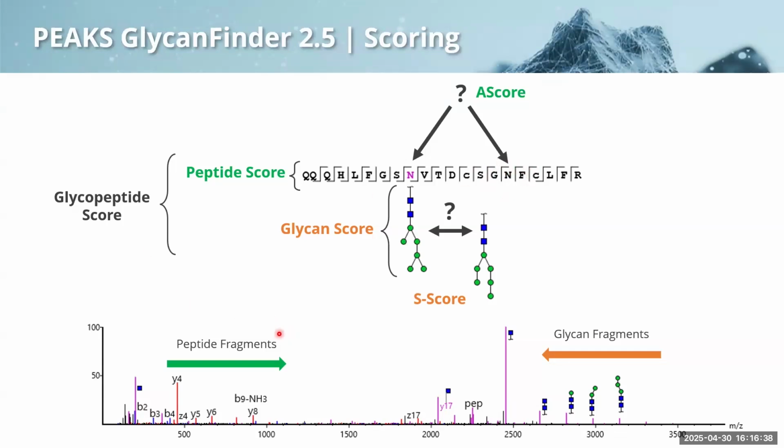So we're assessing how good the peptide fragmentation is to be able to differentiate these sites. And also we have an S score, which stands for a structural score. And that is evaluating if there's multiple glycan structural candidates, what evidence is there in the glycan fragments that it is one structure over another.